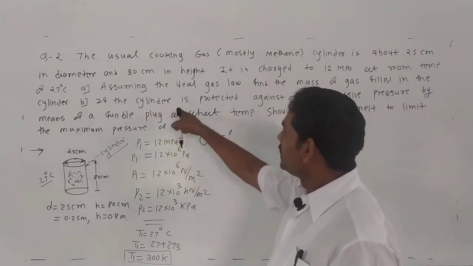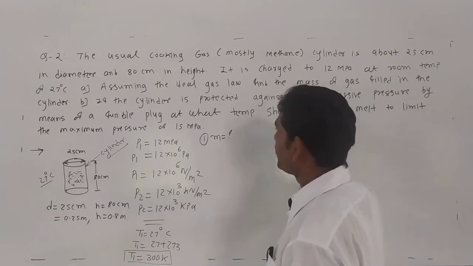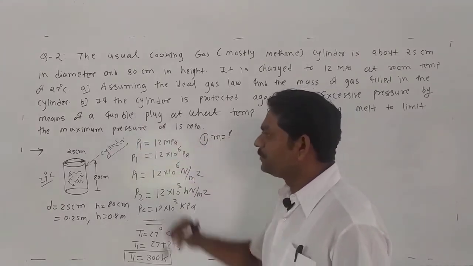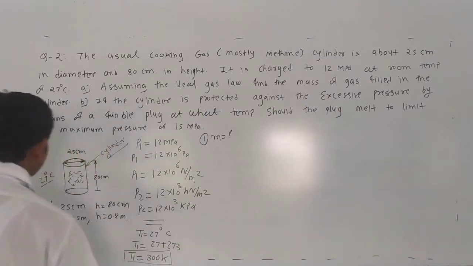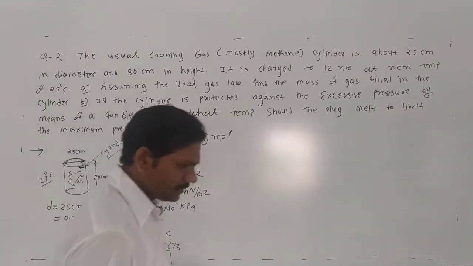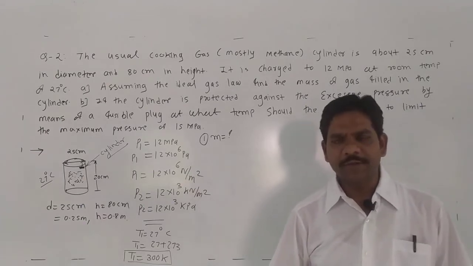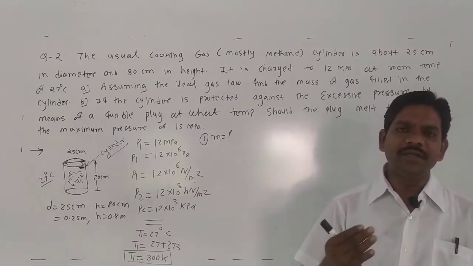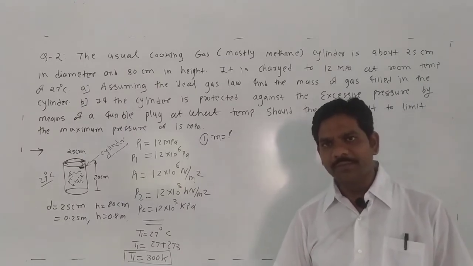Second, the cylinder is protected against excessive pressure by means of a fusible plug. So what is here, boys? Inside the cylinder there is one fusible plug. Okay, the fusible plug is fitted, just like in our pressure cooker there is also a fusible plug. This fusible plug is built for excessive pressure or excessive temperatures.